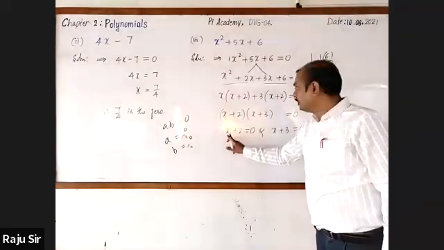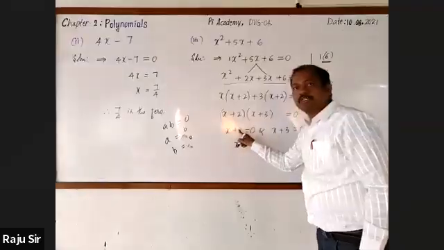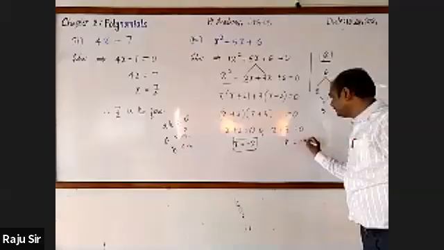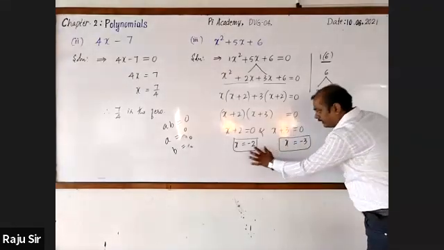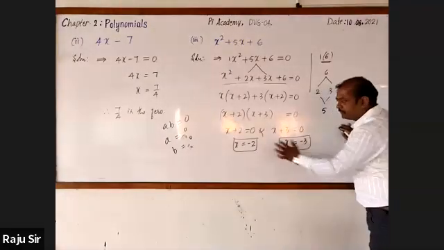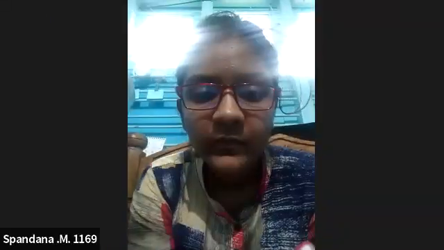Then we have to find the value of x. x equal to, transfer 2 to the right hand side, it becomes minus 2. Here, 3 to the right hand side, it becomes minus 3. Here, minus 2 and minus 3, these two are zeros of the given polynomial.